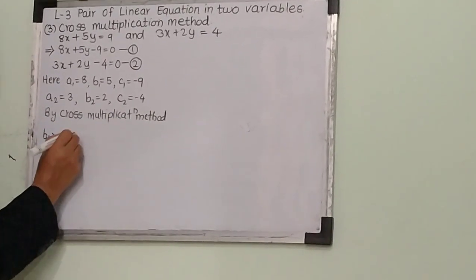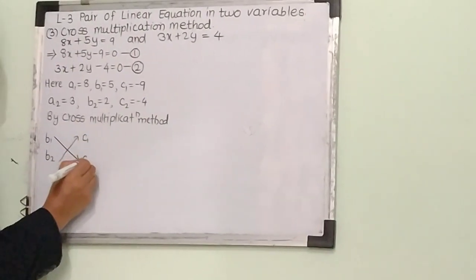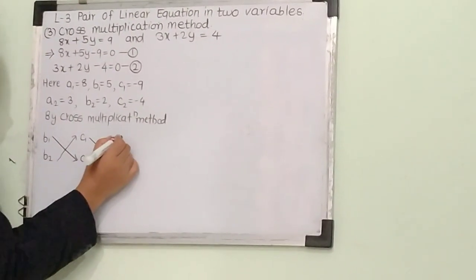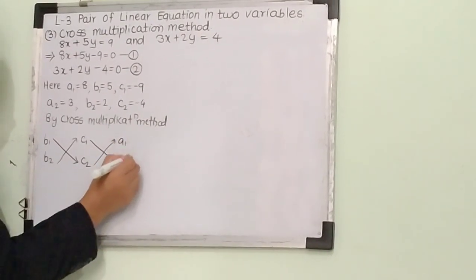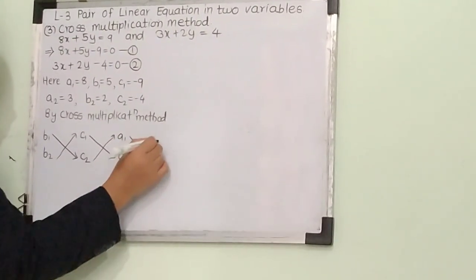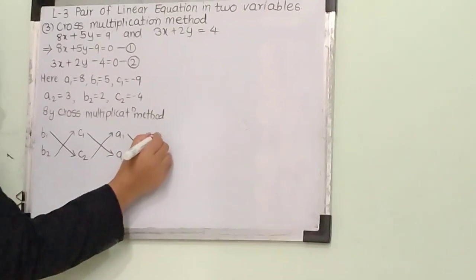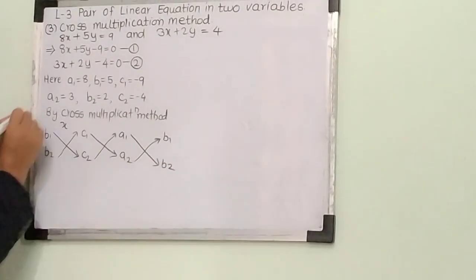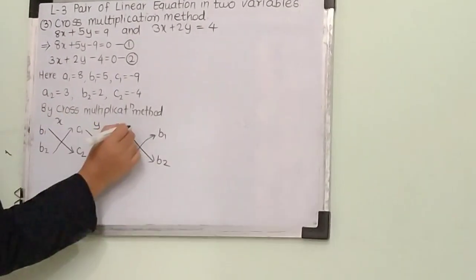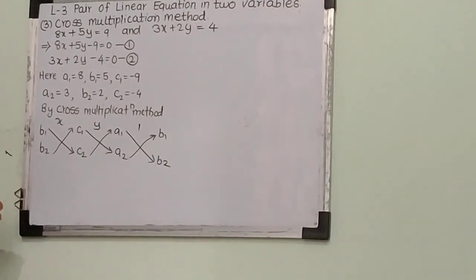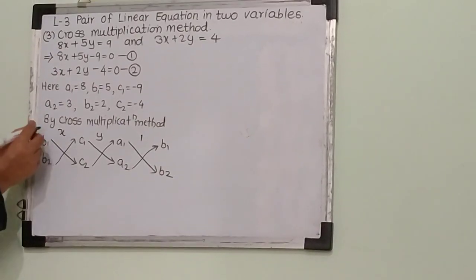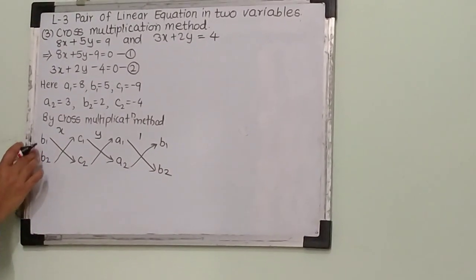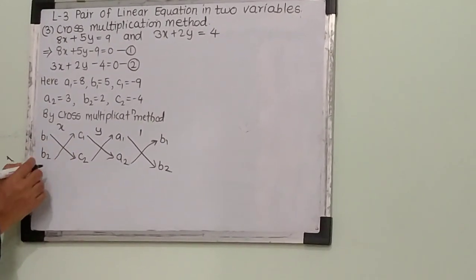We have to cross multiply c1, c2, again cross multiply a1, a2 and again we have to cross as b1, b2. Here it will come x, here it will come y and here it will come 1. So for this I am going to substitute now the values of b1, b2, c1, c2, a1, a2.